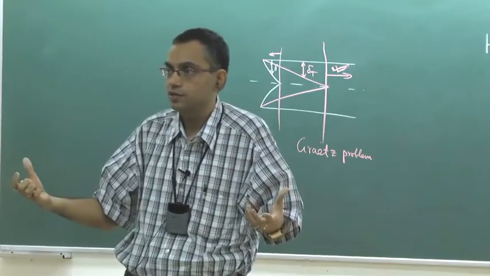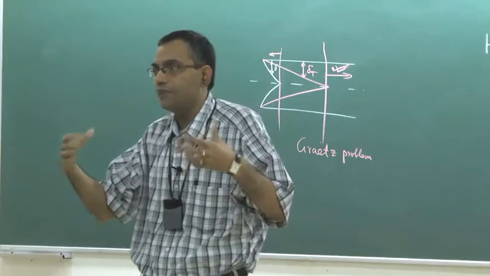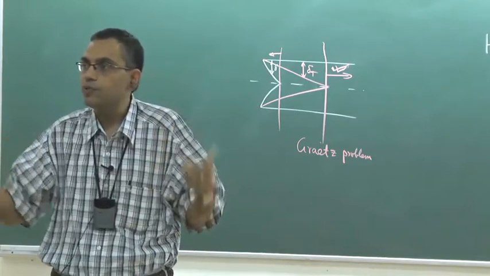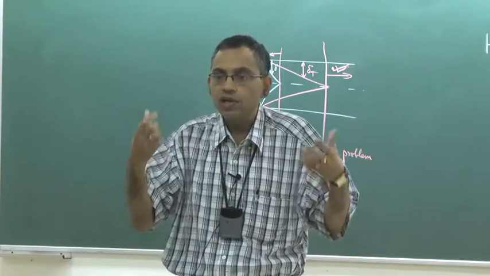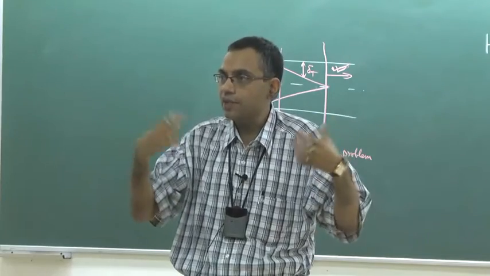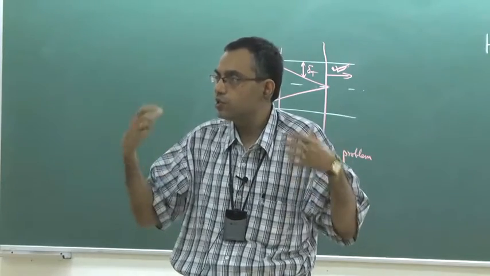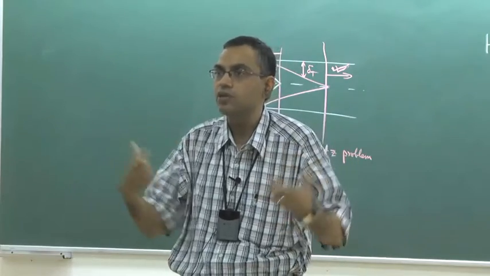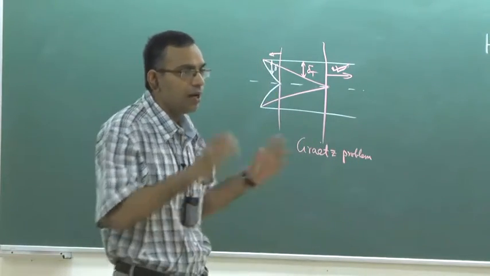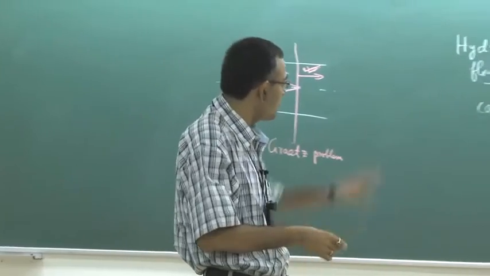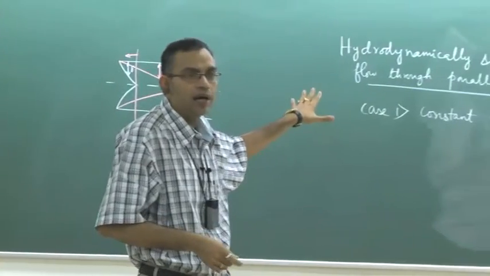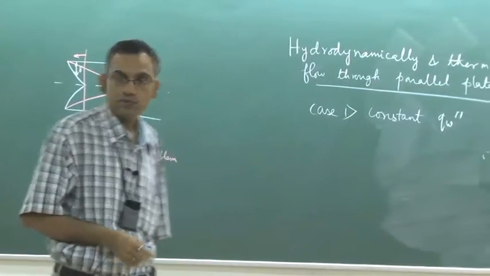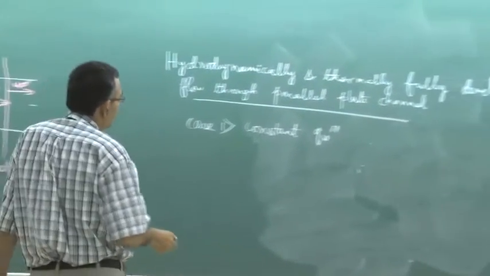Then you cannot work out those problems analytically, you have to deal with certain correlations based on experimental studies which engineers use for designing a system with a turbulent flow. I will come to one or two such expressions, but before that, remember here we are assuming laminar flow. So constant wall heat flux.